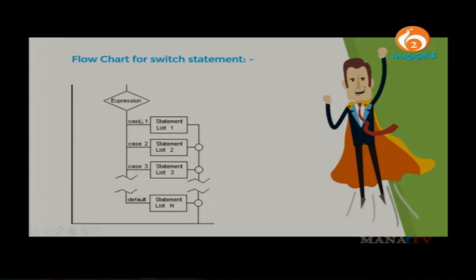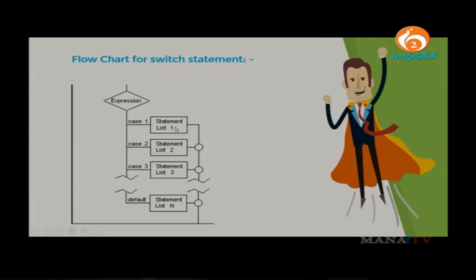If any of these cases is satisfied, the respective statements presented here will get executed. Alright. So for example, if case 1 is matched, the statements will be executed. As soon as they are executed, the control directly goes to the end of this particular switch statement. I mean to say that your control will start executing the other statements presented after this switch statement.